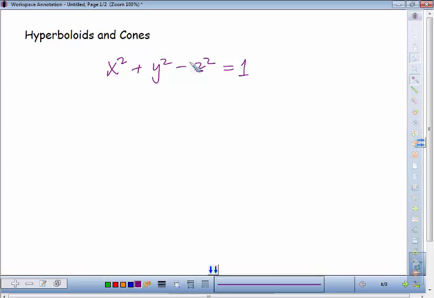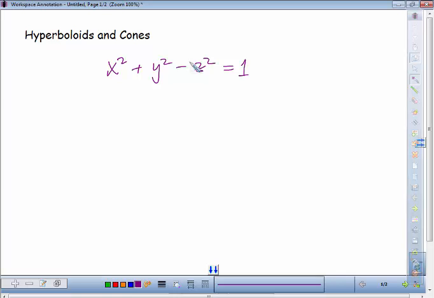What we did last time was look at cross sections. We looked at what happens on the coordinate planes by letting x or y or z equal 0 and seeing what kind of shapes we have. Then we went further and let z equal a variety of different numbers and saw what happens.